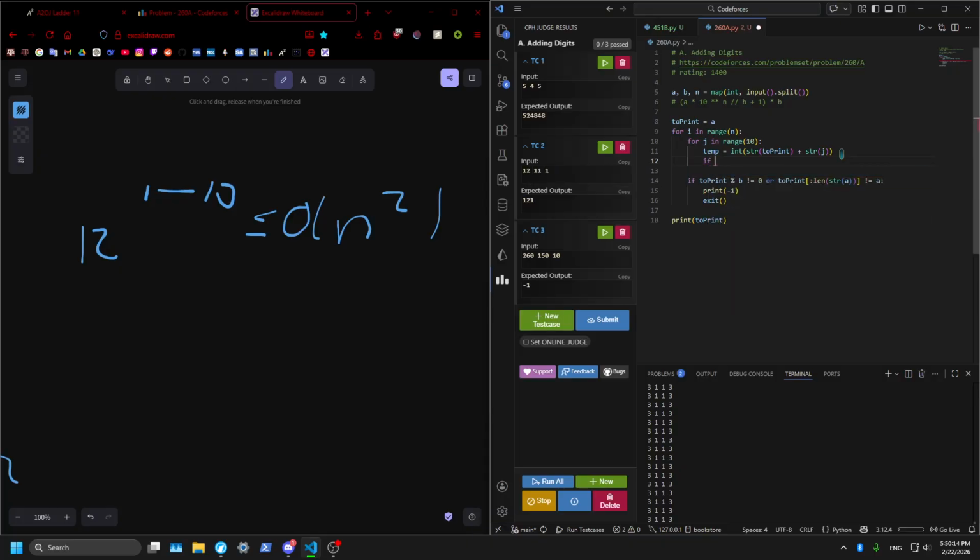Like this, and then if temp mod b equals 0, then to print equals temp, continue. Then we don't need to check this anymore.